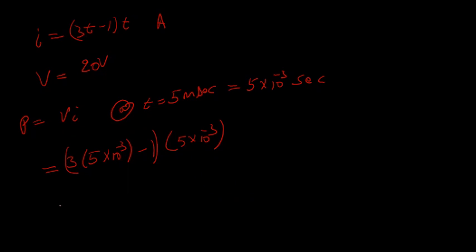So this will be approximately close to minus, and this is I, and we have to multiply with the voltage, which is 20.